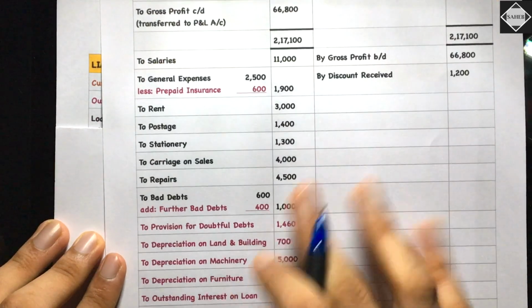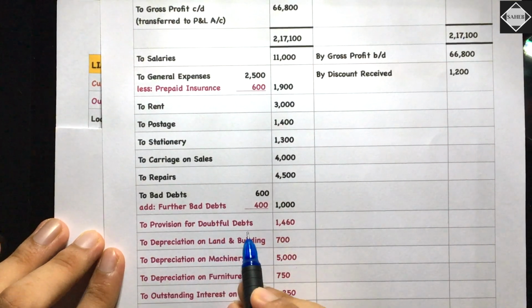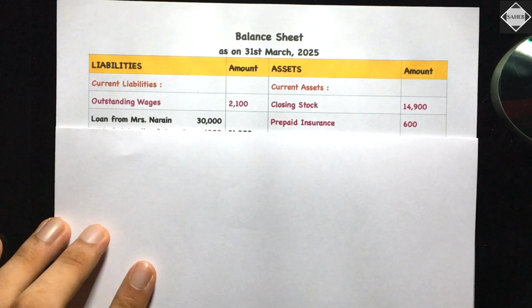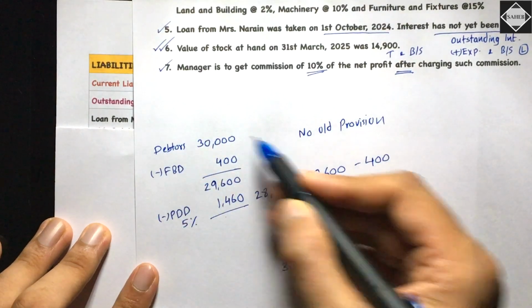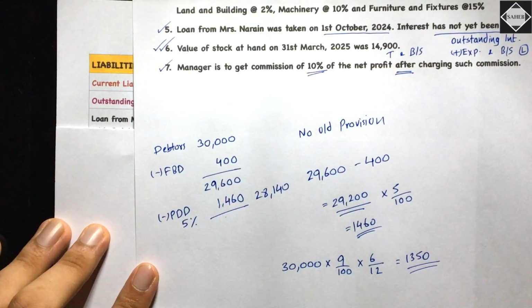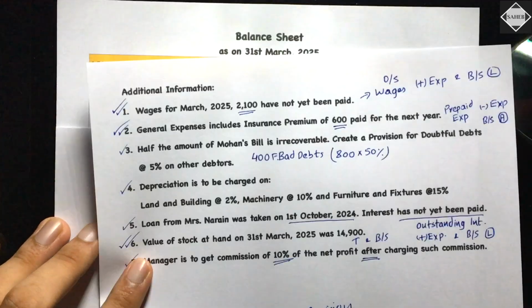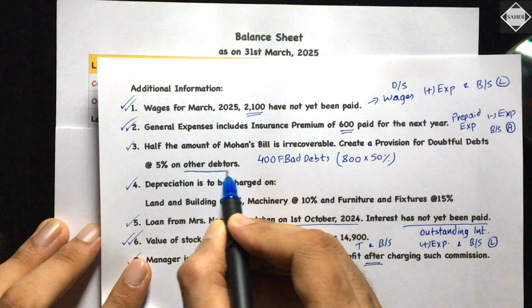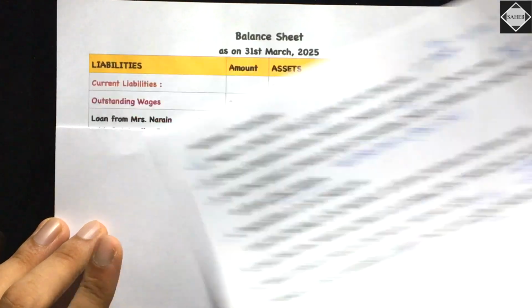Then what is the next adjustment? Next adjustment, see, regarding the further bad debts and the provision for doubtful debts, where will this happen? Debtors. Let's just do the debtors in the balance sheet. We have already done the calculation. The same presentation you have to do. There is no difference at all. The tricky part also I explained to you. You will not calculate 5% directly over here. They have said on other debtors, so you have to completely exclude Mohan.